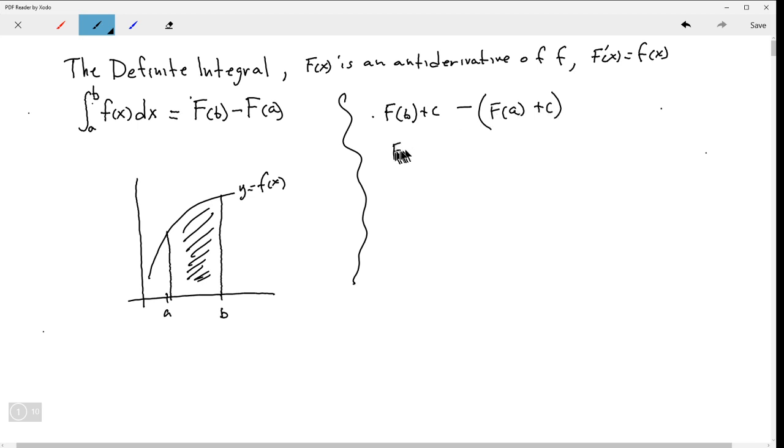I get F of b plus c minus F of a minus c, and the c's go away. So we don't bother to write them when you have a definite integral. When you have an indefinite integral, what we've been doing, just a straight antiderivative, you have to put it in. But they basically cancel out. You'll get a numeric answer is more or less where I'm going with that.